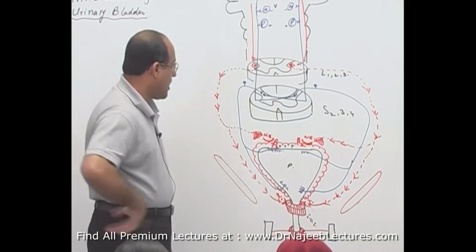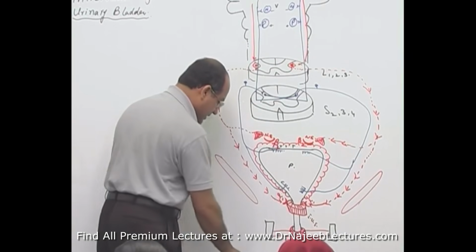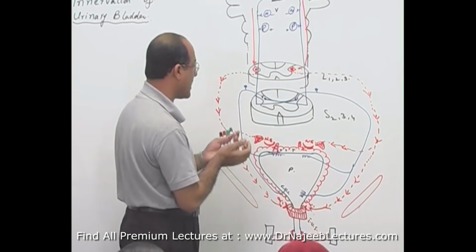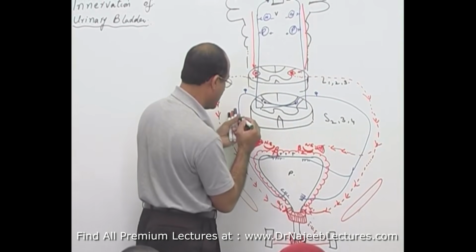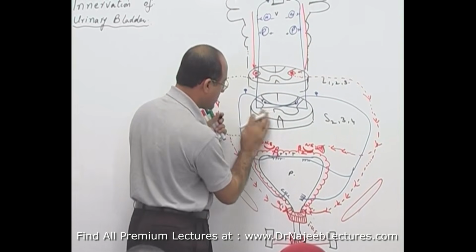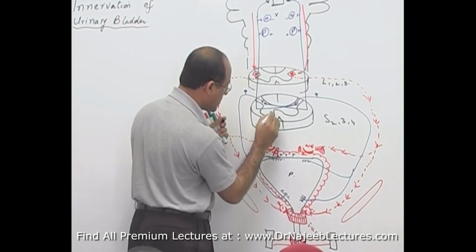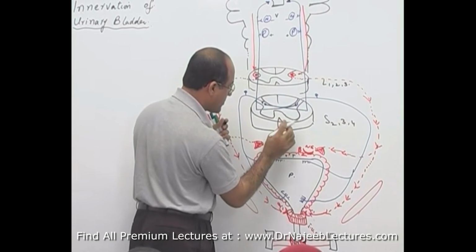Now, when this becomes significantly increased, we have to talk about another pathway, and this pathway is, yes, there was a lateral horn here. This is the anterior horn, right?